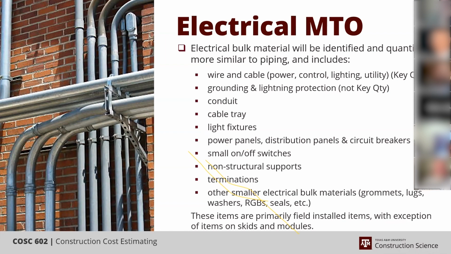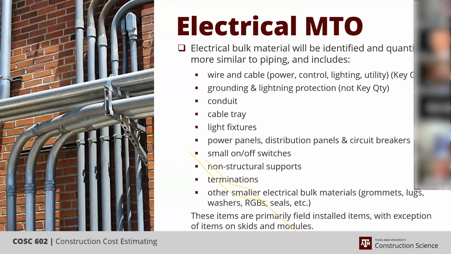So it's an LFC, LFT, or something of that nature instead of just an LF. And consequently, your system will know not to count it because it's looking for that LF as your primary key quantity unit of measure. Light fixtures, power panels, distribution panels, circuit breakers, switches, they're all each. So they won't be pulled into the key quantity. You're good there, but it is important to know that they are part of your bulk materials.